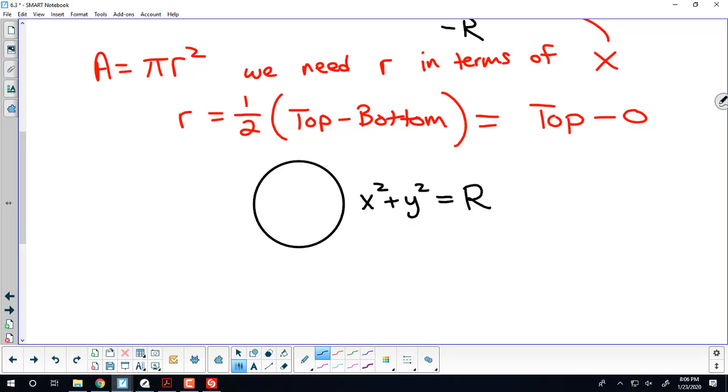So we want to solve this thing for y. We have x squared plus y squared equals R squared. Solving for y gives plus or minus the square root of R squared minus x squared.